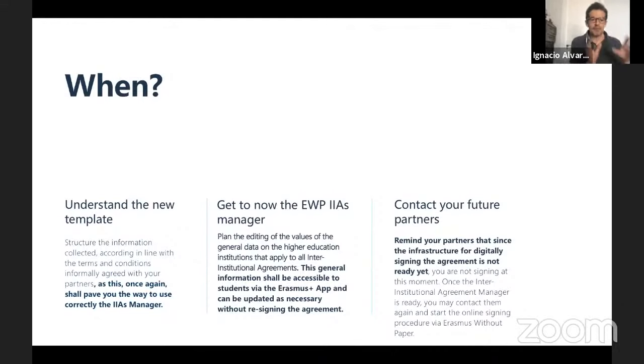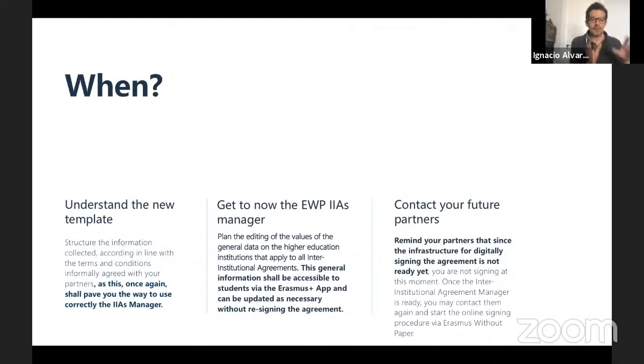But the three golden rules should also preside over the when at this moment, because how we understand, and a correct understanding of every single part of an agreement, will again pave the way to use the manager correctly.